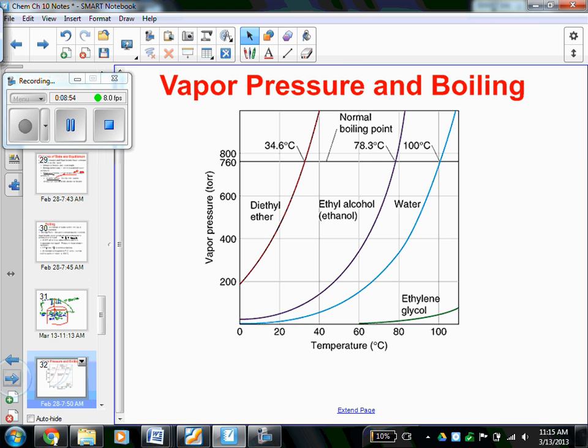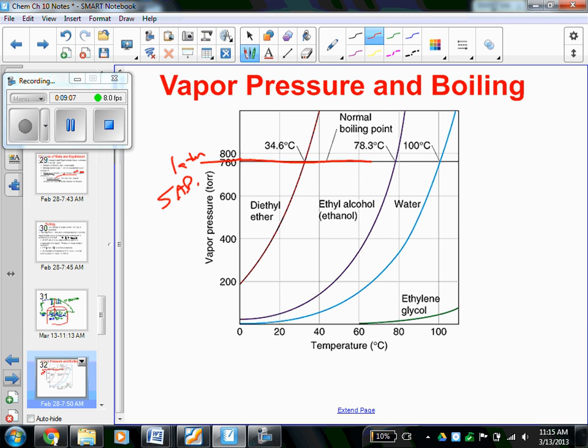Okay? Now, this is some vapor pressure and boiling. You'll notice, by the way, this line right here is 1 atmosphere, or standard atmospheric pressure. Okay, again, we haven't talked about that just yet, but we will. And you'll notice that here I have water, ethanol, and diethyl ether. And you notice they all boil at different temperatures. Okay? So what must I conclude about this?